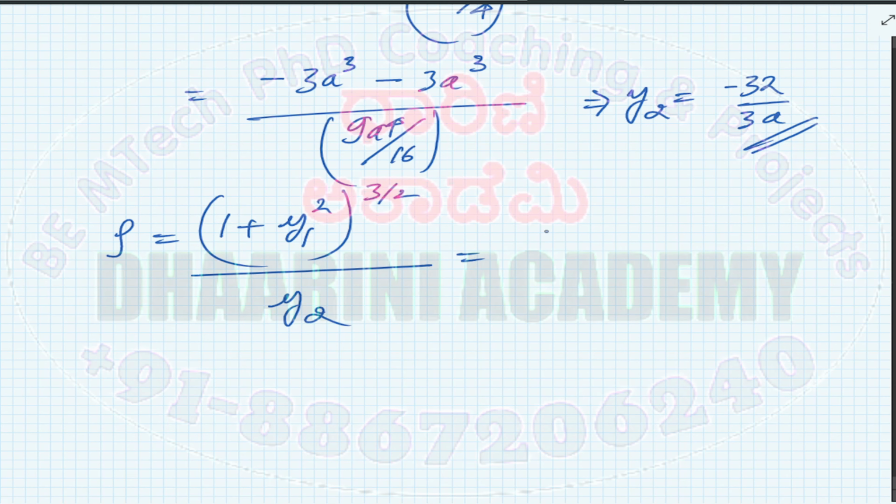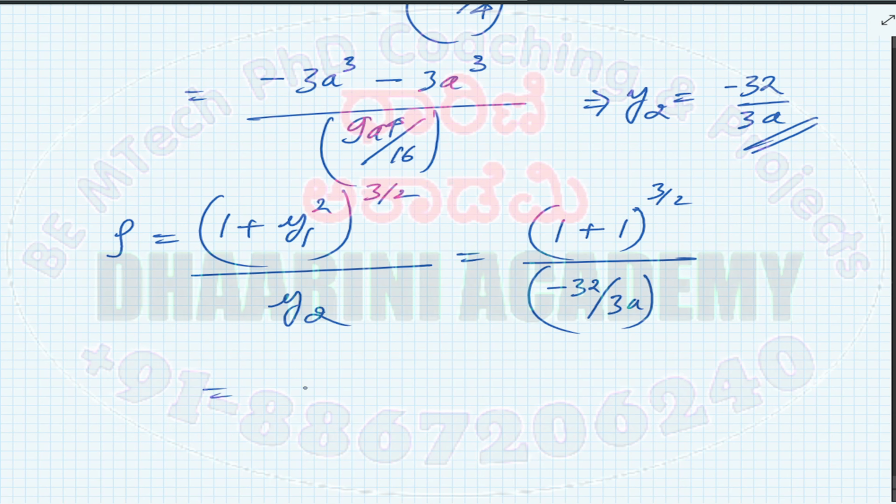So substituting this, 1 plus y1 is minus 1, so minus 1 square is plus 1, to the power this whole divided by y2 is minus 32 by 3a. Okay, so now you can see that 1 plus 1 is 2, so 2 power 3 by 2.